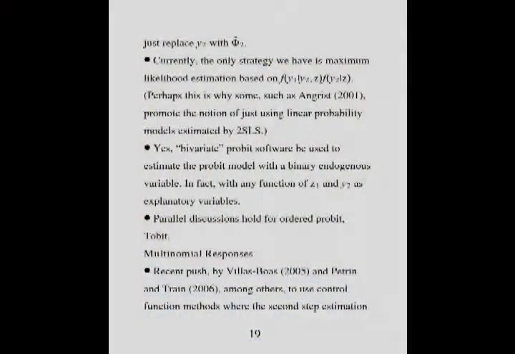There are, of course, some poor strategies that one might hope work but don't. You can try plugging in fitted values from a first stage estimation. So in the binary response case, you might model y2 as a probit and then try to stick it inside a second stage probit, and we know that does not work. Although as recently as 3 weeks ago, somebody contacted me wanting me to tell them that yes, that did work.